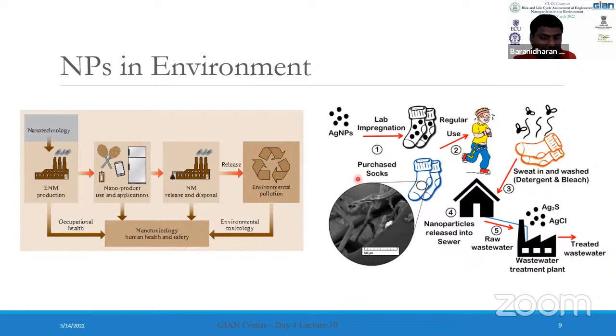One such classic example is the silver nanoparticles. The silver nanoparticles are now used in t-shirts, shirts, especially the socks material. Once these nanoparticles have been incorporated or coated onto the socks, they have a specific purpose. They make the material cool, and they don't allow pathogens to grow on the cloth material.